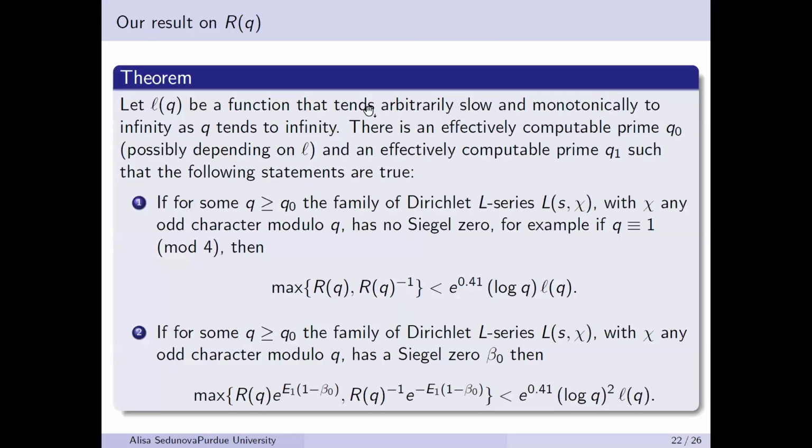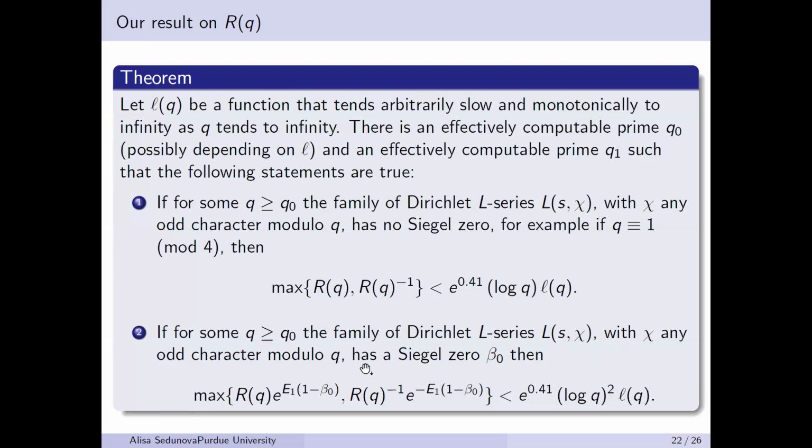And we managed to improve all of these results in certain ranges. The theorem is a little bit long, so let me just state maybe the first 2 parts of it. Basically it improves on the constant and on the behavior, because L of q is a function that tends arbitrarily slowly and monotonically to infinity as q tends to infinity. So this gives you an improvement in the situation when we have no Siegel zero.